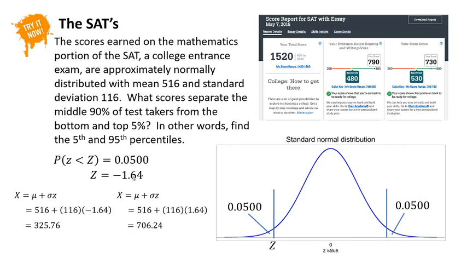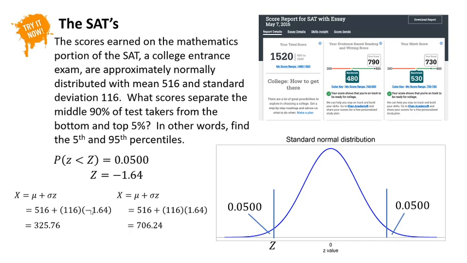Let's take a look at the one to the left. That's going to be the z value that gives us a normal distribution area of 5% to the left. That's negative 1.64. We'll find the same thing is true over here, except this will be positive 1.64. So we have enough from the standard normal distribution to find out what these scores are in this normal distribution, which has a mean of 516 and a standard deviation of 116.